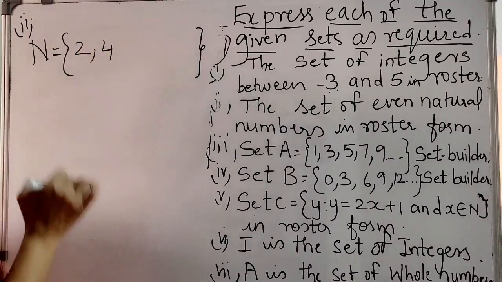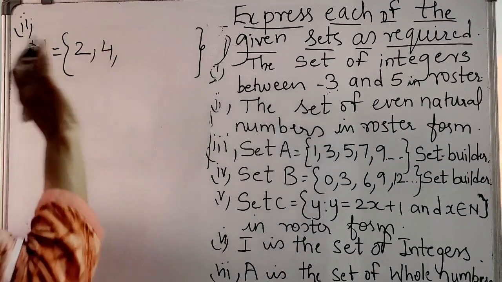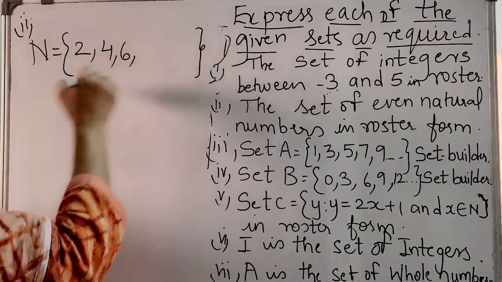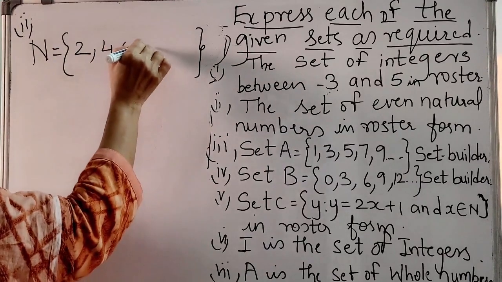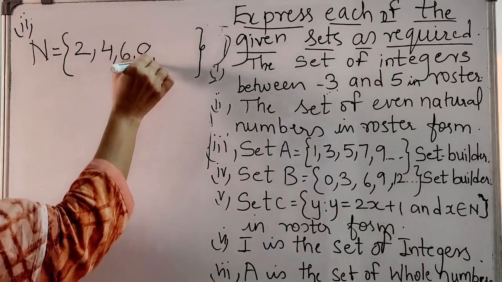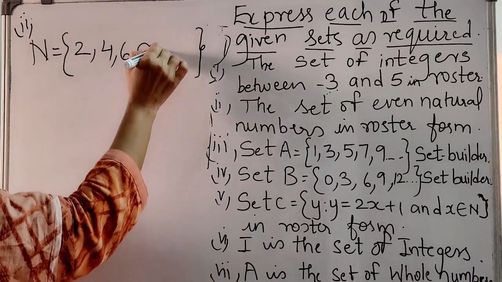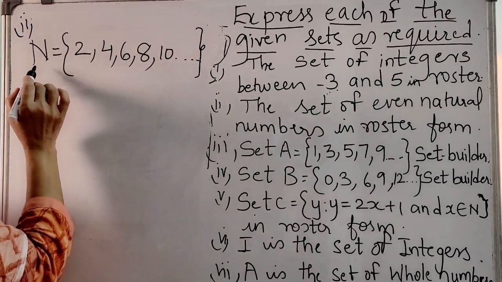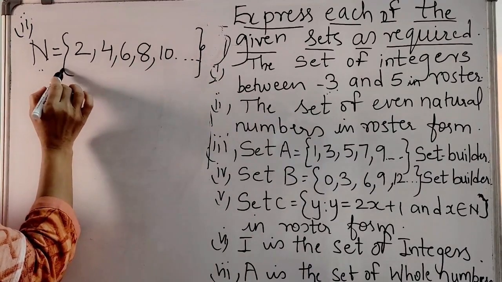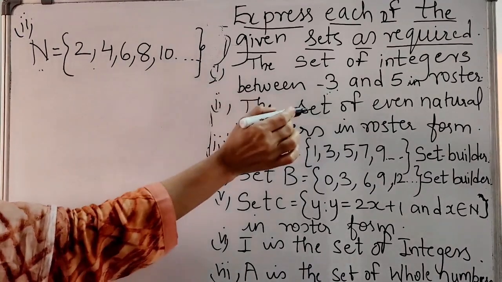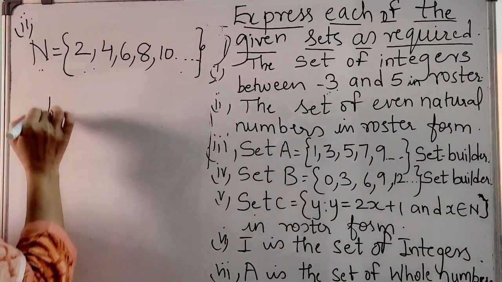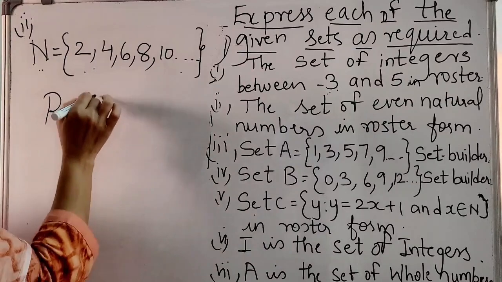So you write 4. 5 is not an even number. So you write 6. 7 is not an even number. So you write 8. 9 is not an even number. So you write 10. It goes on. So now you have the even natural numbers written in roster or tabular form.